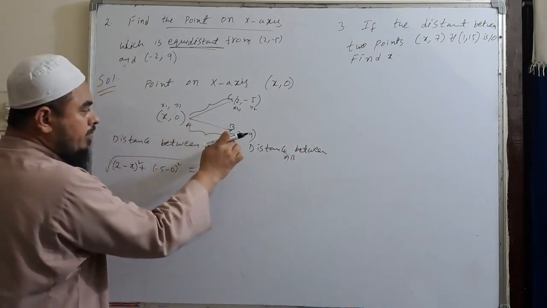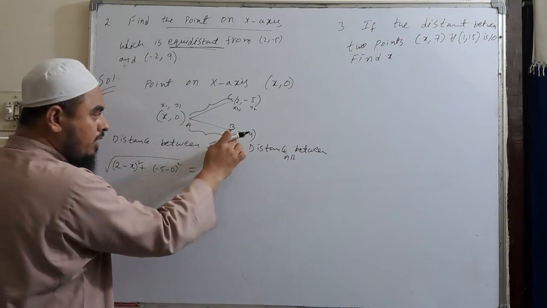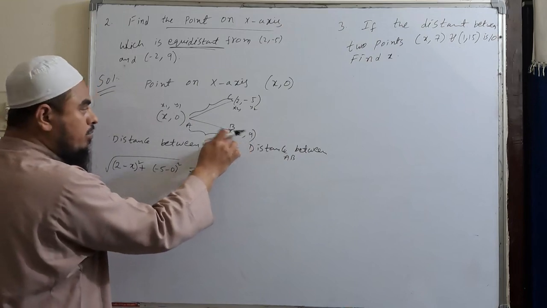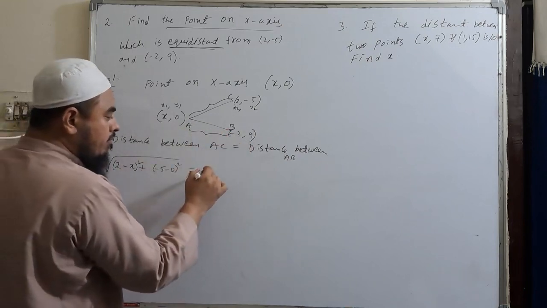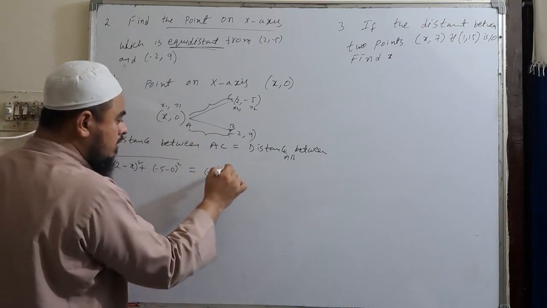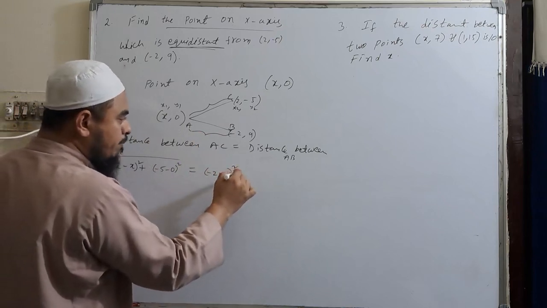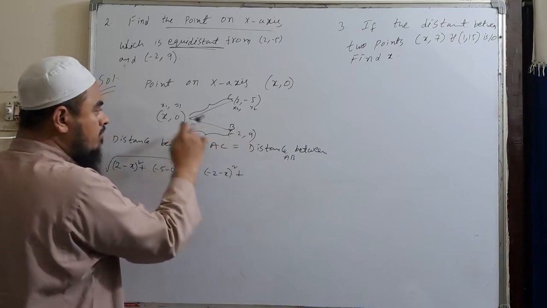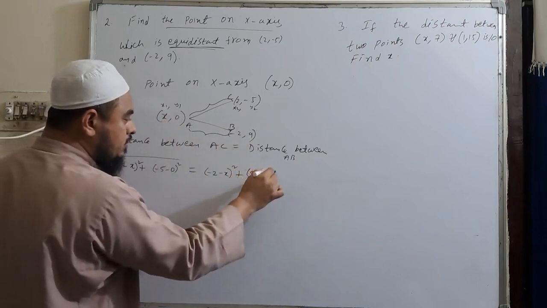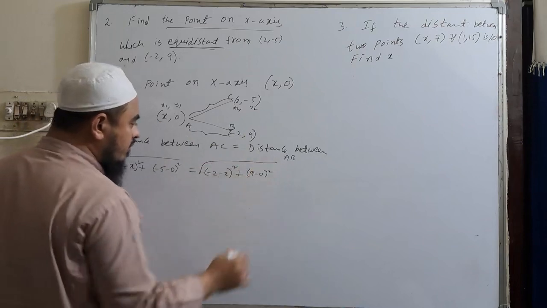Here you can consider minus 2 as x2 and 9 as y2. So x2 minus x1 means minus 2 minus x square, plus y2 minus 0, that is 9 minus 0 square. As usual we have the square root.